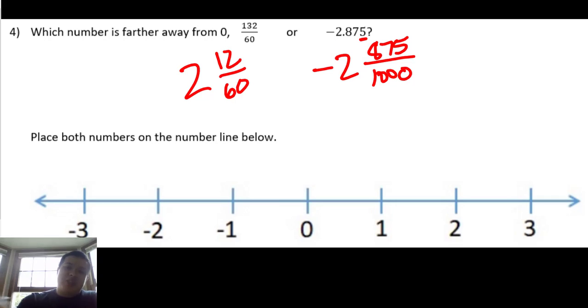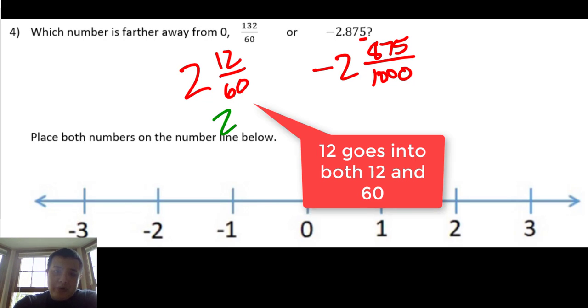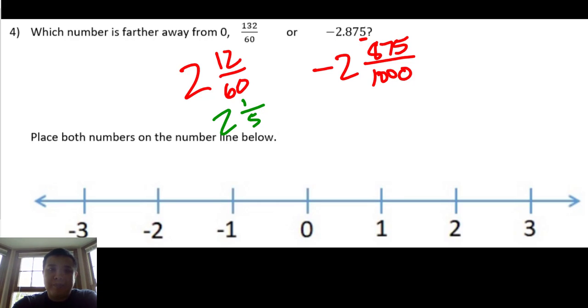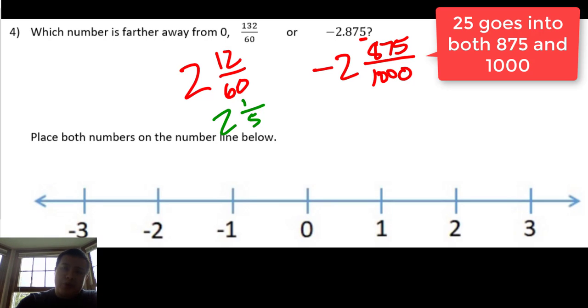Now, we're going to simplify both of these fractions, and we get 2. 12 goes into both 12 and 60. 12 goes into 12 once. 12 goes into 60 5 times. So this is the same thing as 2 and 1/5. Over here, 25 goes into both 875 and 1,000.